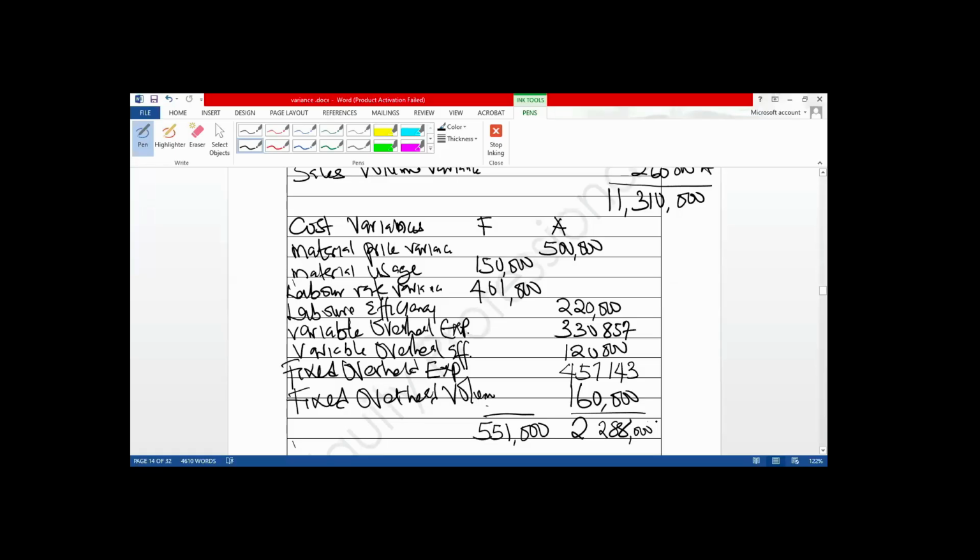Negative is more than positive. Now compare the two. From your 2,288,000, deduct 551,000. So we have 1,737,000.